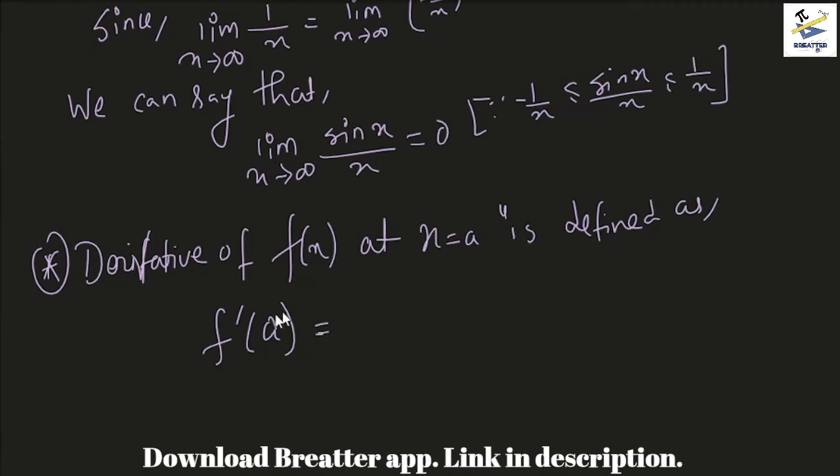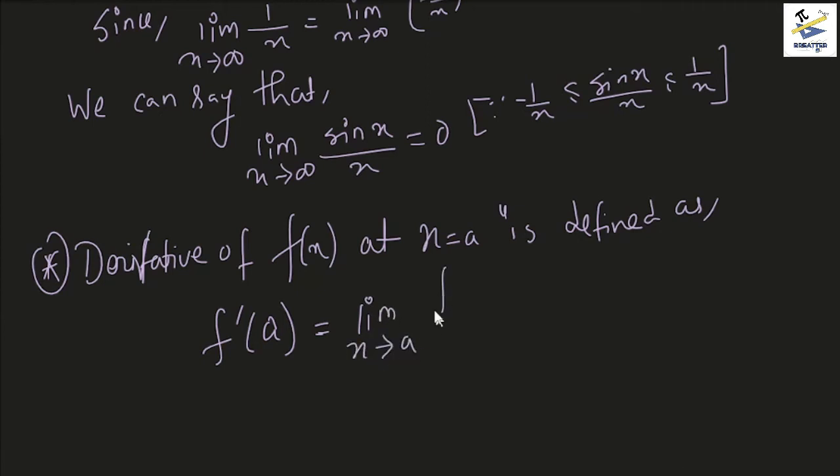So f'(a) is basically equal to the limit as x tends to a of (f(x) minus f(a)) by (x minus a). So this basically is the definition of derivative. The value of this limit gives you the answer to f'(a).